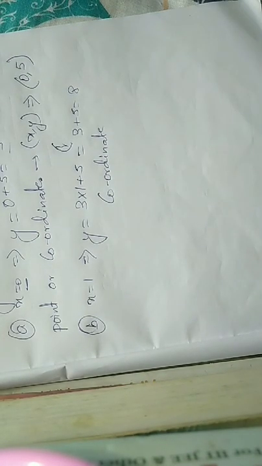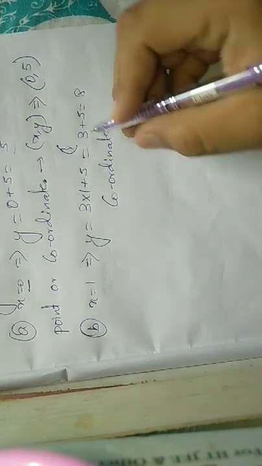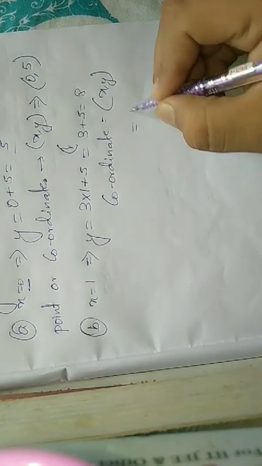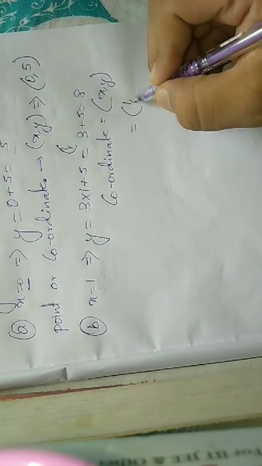Coordinate means, students, any point on the graph, when I do the graph very soon. Coordinate is x comma y. What is the value of x? We have taken 1. What is the value of y? We got 8. So the value is 1 comma 8.